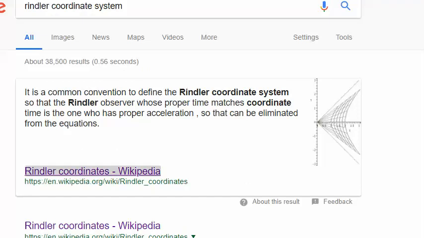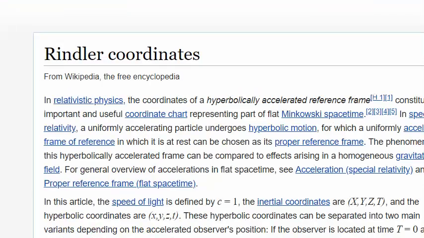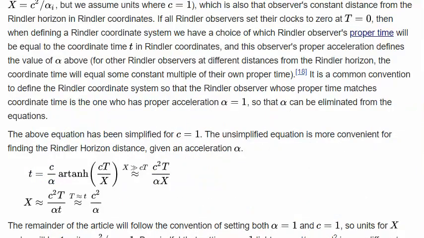So let's go in there. Coordinates of a hyperbolically accelerated reference frame. Okay, and here looks like the related math, x equals c squared over alpha, times cosh of alpha t.